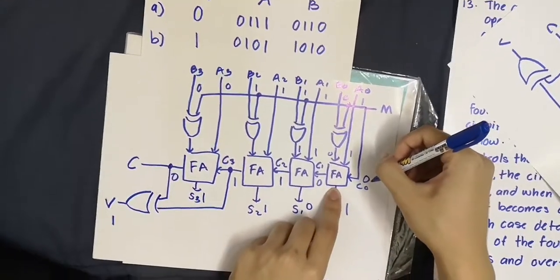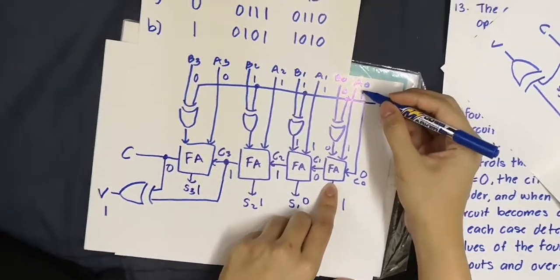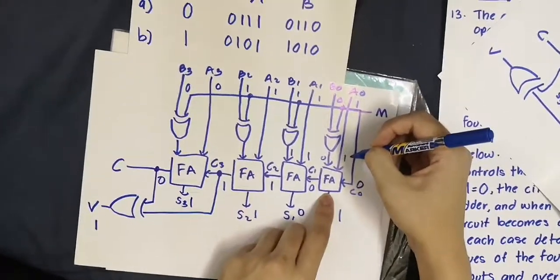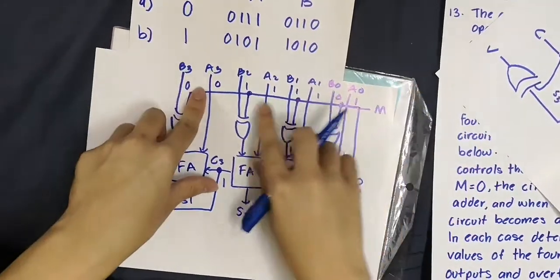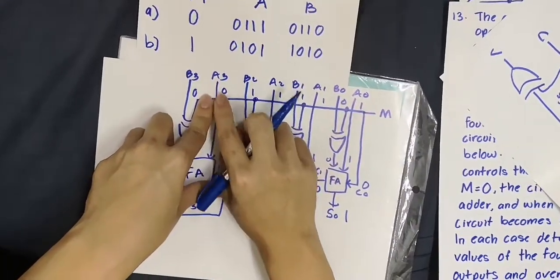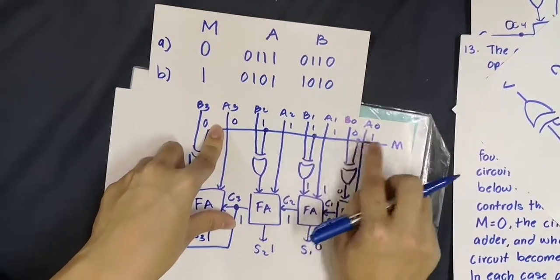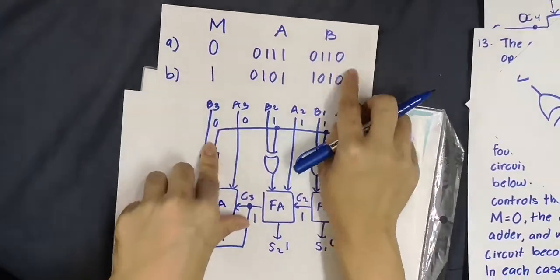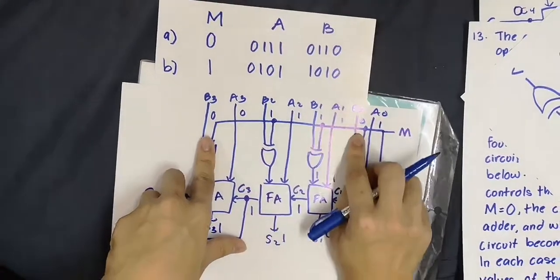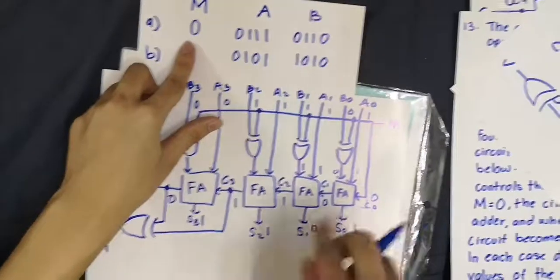First, we assign 0, 1, 1, 1 to A3, A2, A1 and A0 respectively. For B, 0, 1, 1, 0, and M we assign as 0 as said in the question.